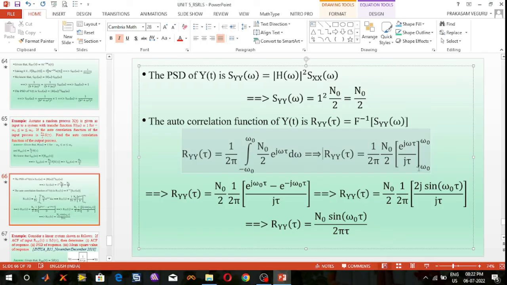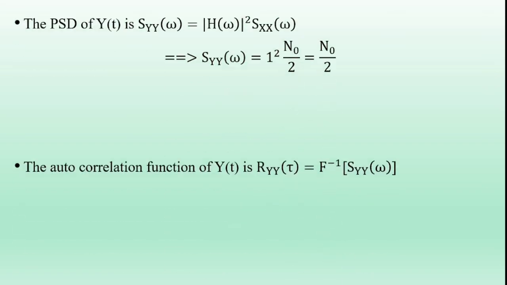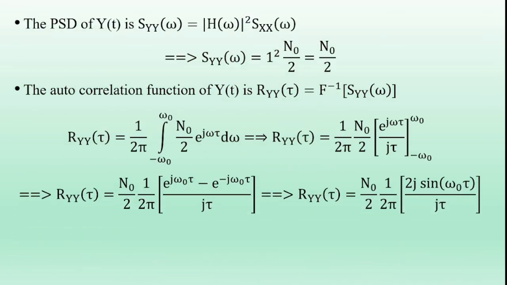Now substitute the upper value of omega and the lower value of omega. We get Ryy of tau is equal to N naught by 2 into 1 by 2 pi, e power j omega naught tau minus e power minus j omega naught tau by j tau. So using Euler identity, e power jx minus e power minus jx is 2j sin x, using that expression.